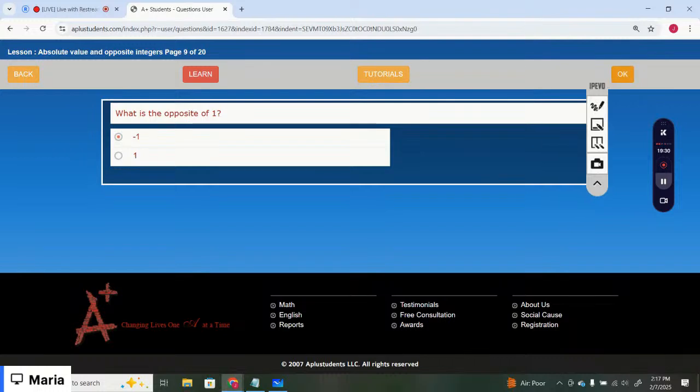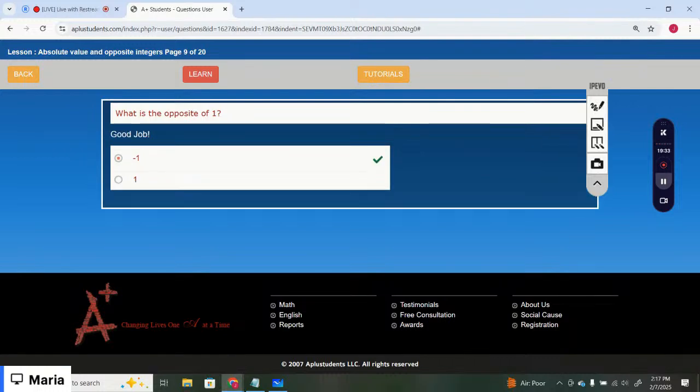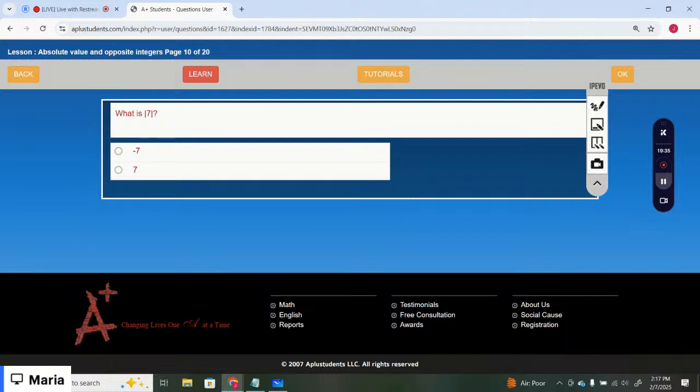Option number 1 is the correct option. What is the absolute value of 7?